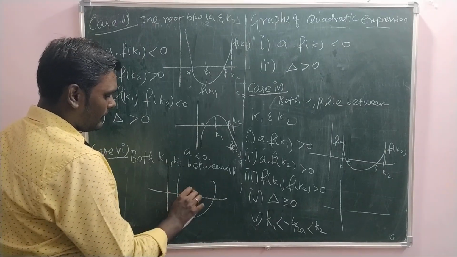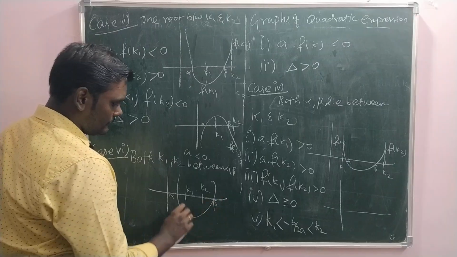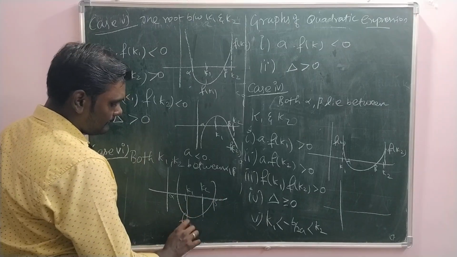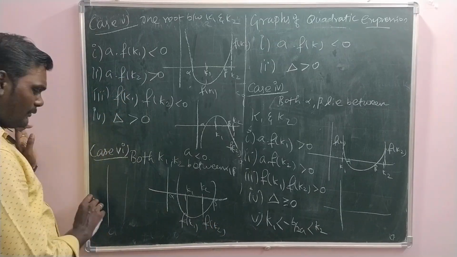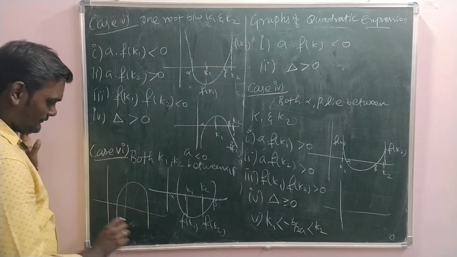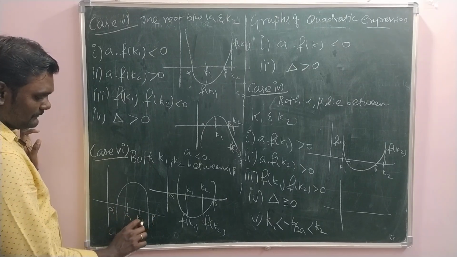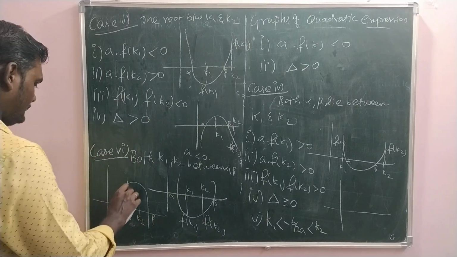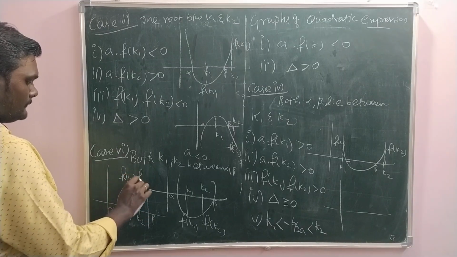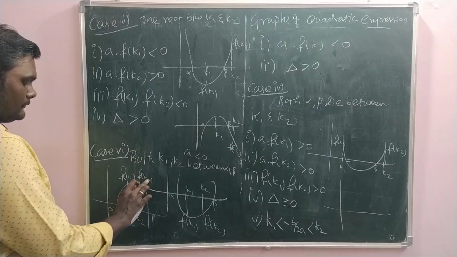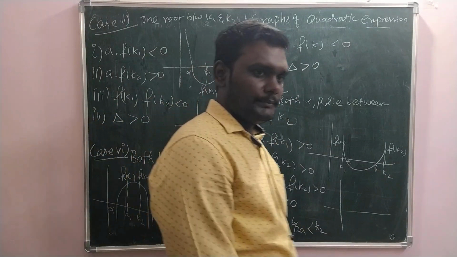So here k1, k2, alpha, beta. F of k1 is what, man? In this case, shall I erase this?